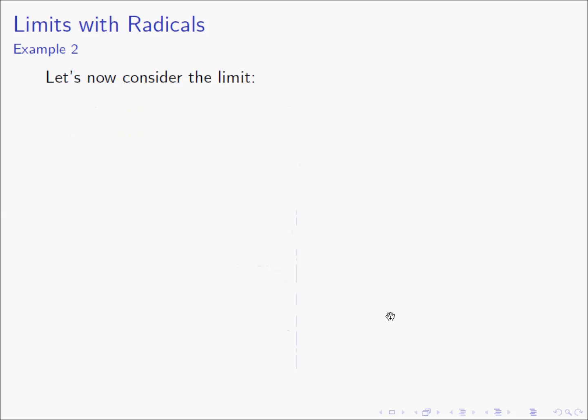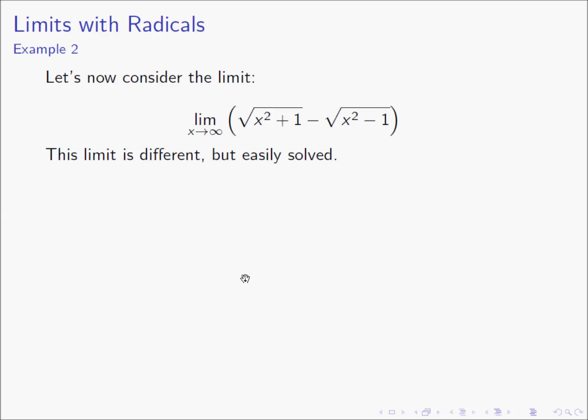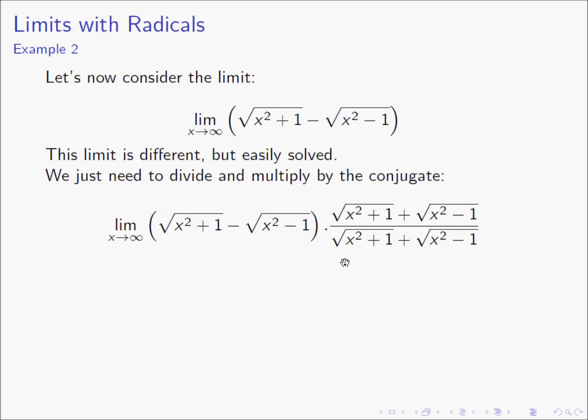Let's solve another example. The limit as x approaches infinity of this difference between two square roots. Now what we can do here is to divide and multiply by the conjugate. The conjugate is the same expression, but instead of the minus sign we put the plus sign here, and we multiply and divide.